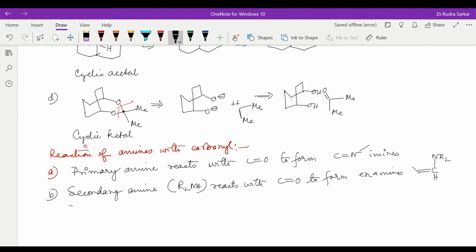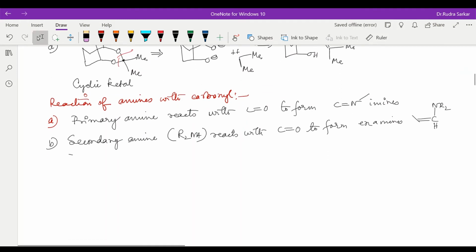Okay, so let's take the general example or scheme. So if I have given you, say, an acetaldehyde reacting with R, something like that.